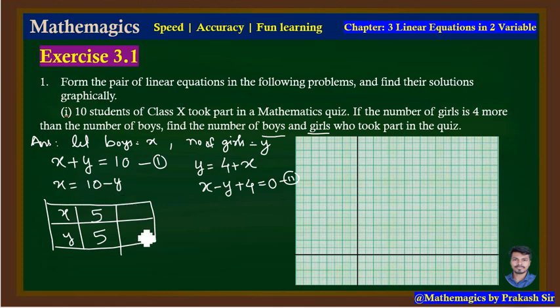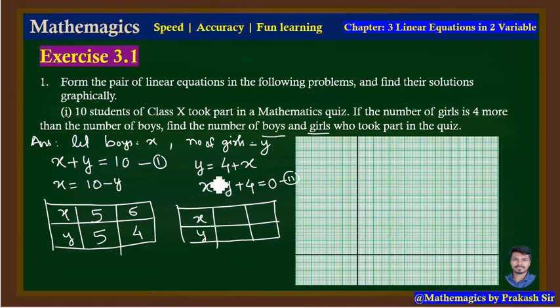Now the second one is, let us consider y equal to 4. So what is the value of x? 10 minus 4 becomes 6. So these are the ideal values which we are going to put. So now we are going to find the coordinates of the second also. After that we can put all the coordinates accordingly. Now y is equal to 4 plus x.